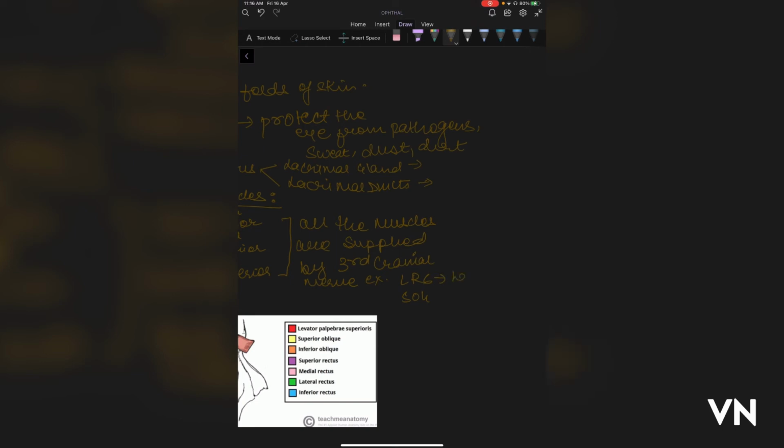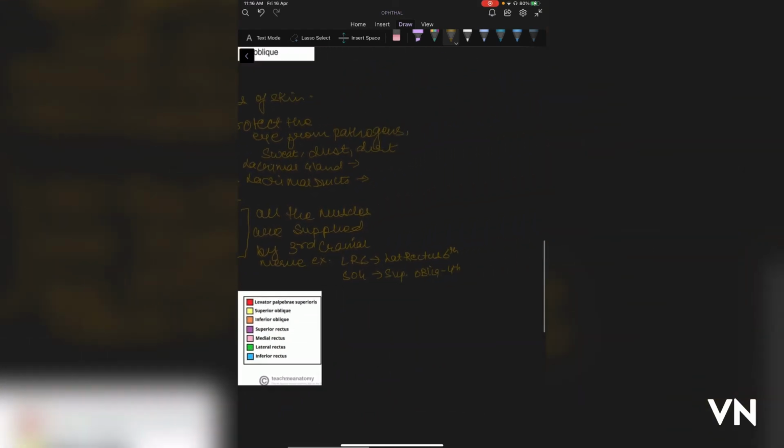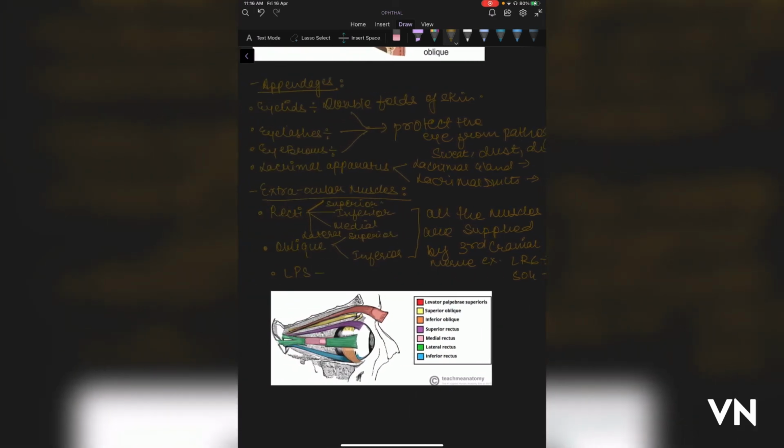That is, the lateral rectus is supplied by the sixth nerve, and the superior oblique is supplied by the fourth nerve. The third cranial nerve is the oculomotor nerve, so the oculomotor nerve supplies all the other muscles. Except for the superior oblique and the lateral rectus, all these muscles are supplied by the third cranial nerve, the oculomotor nerve.